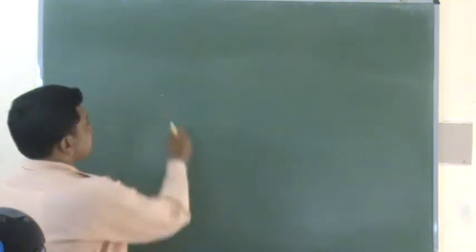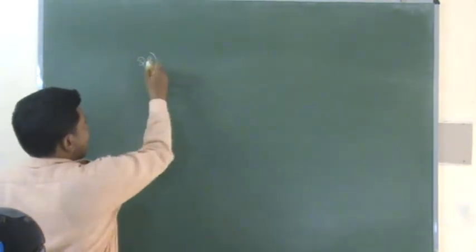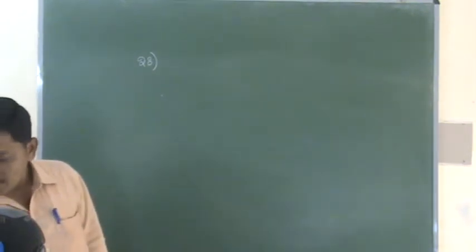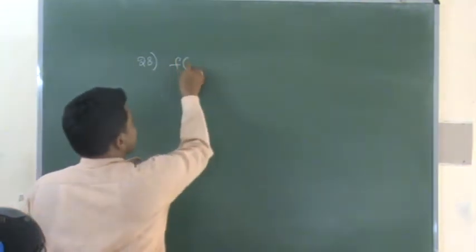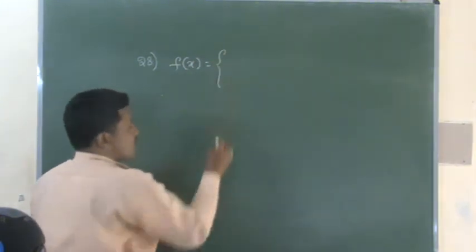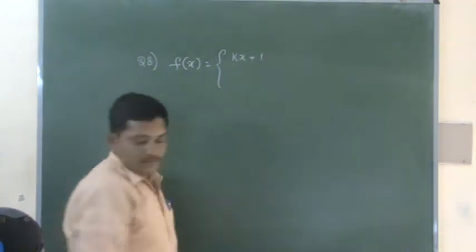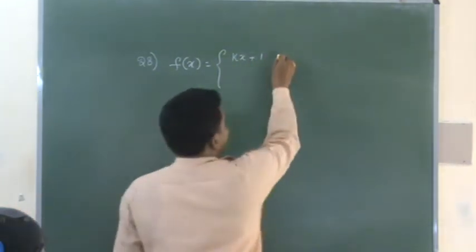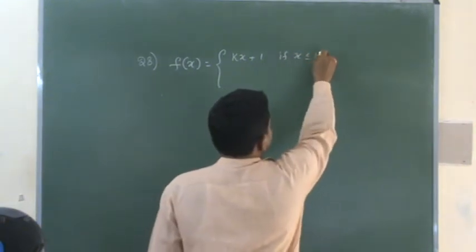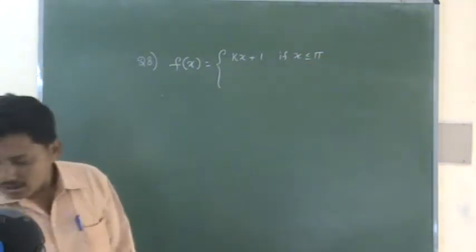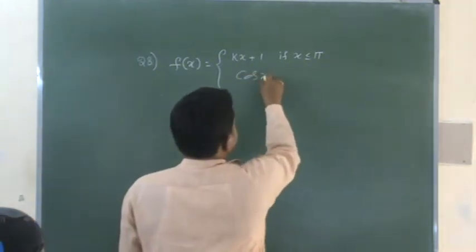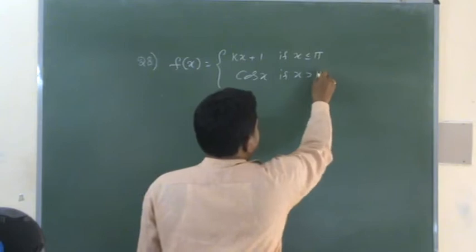Second question, same like that. Sorry, the before one is 27, now it is 28. f of x is equal to kx plus 1 if x is less than or equal to pi, and cos x if x is greater than pi.